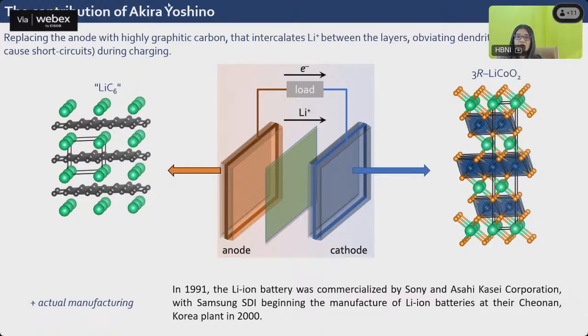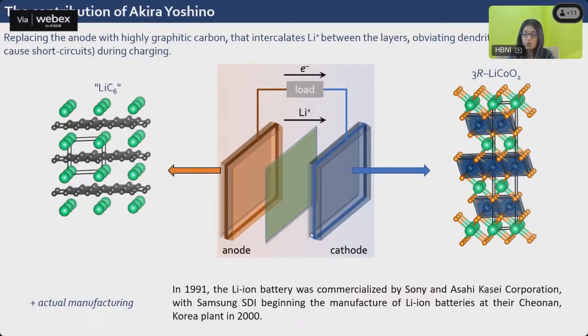So at that time in Japan, Professor Akira Yoshino was working on various carbonaceous materials, and he knew that carbon has a tendency of intercalating lithium inside it. So he used a carbonaceous material as anode, and he took the cathode used by Professor Goodenough, and this he did in 1985-1986.